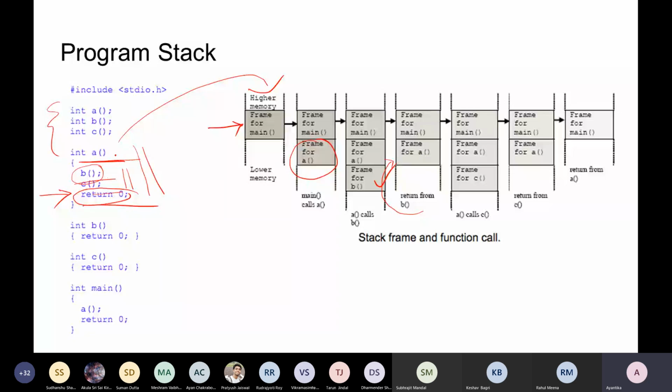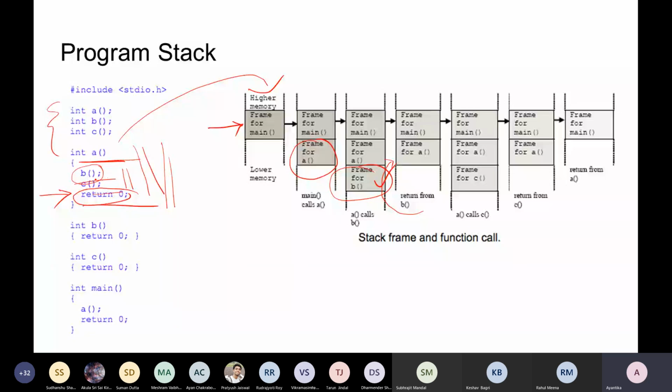So this way, when you are executing function A, it calls B, allowing some space to be allocated for function B, and when B is complete, this part of the frame is freed.